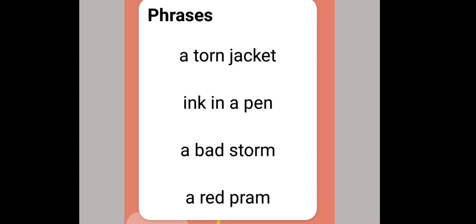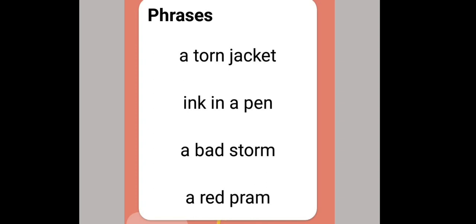Remember we said when "a" is standing alone in a sentence, it changes its sound because it's standing on its own.